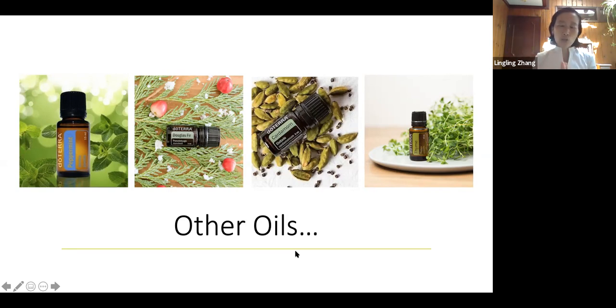So any tree oils, especially these evergreen tree oils, are very good for our respiratory system, right? Think about when you feel like your house air is not fresh. What do you do? You go outside, and it's even better going to the woods, hiking in a mountain, going to a garden.